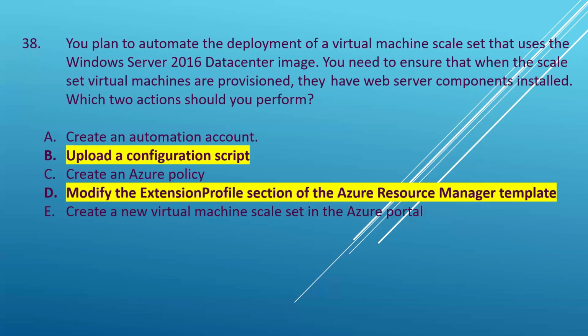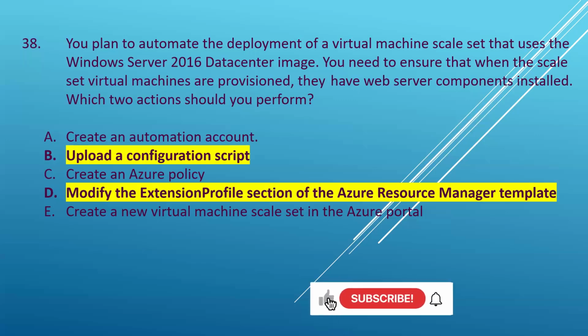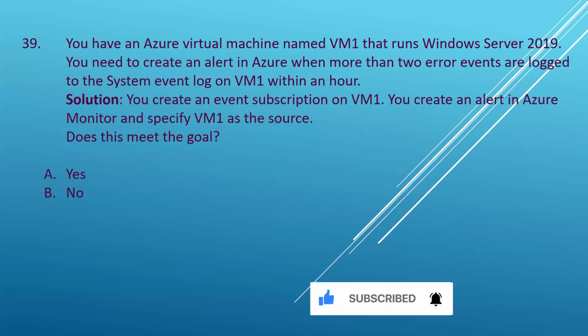But here we need to install a web server component on virtual machine. Now the first option, which is automation account. Automation account will definitely be needed when trying to achieve an automation. However, it doesn't relate to installation of a web server component on a virtual machine, hence making it an incorrect option. Let's move to question number 39 now.